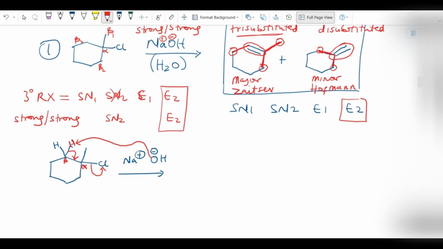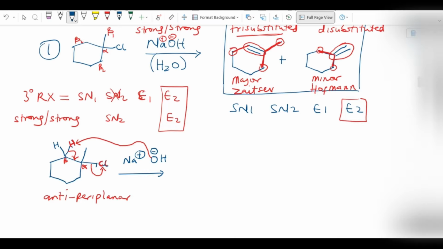Mind you, the beta proton and the leaving group must always be anti-periplanar to each other. In other words, they must point in opposite directions. They must be almost 180 degrees away from each other.